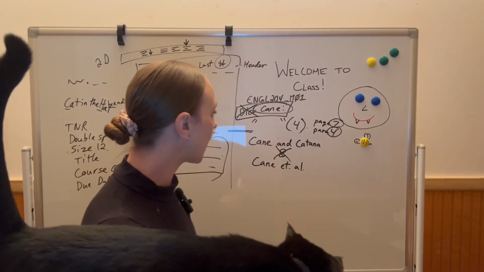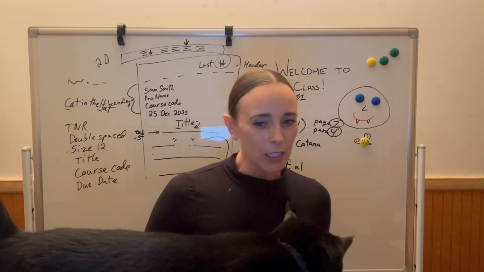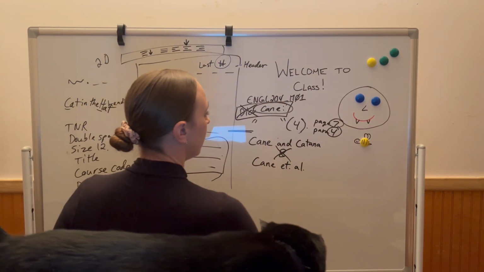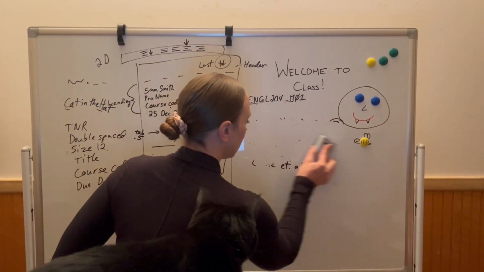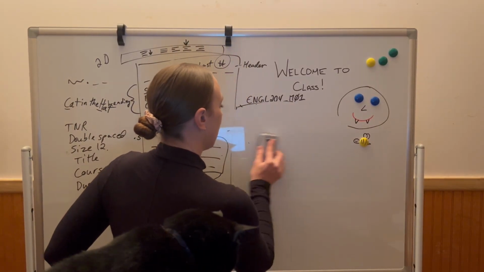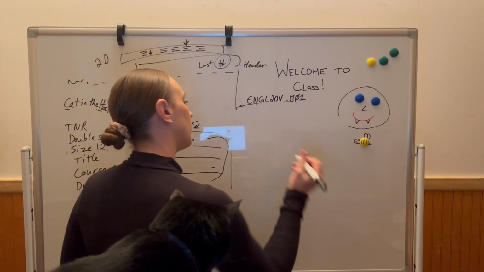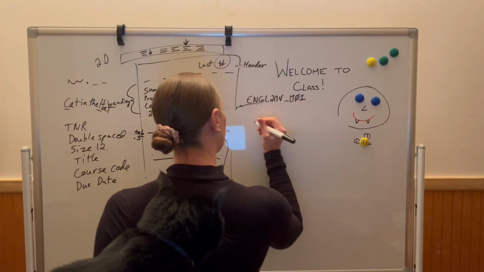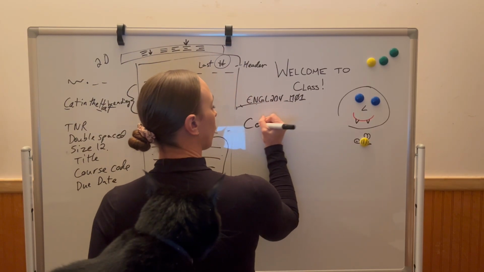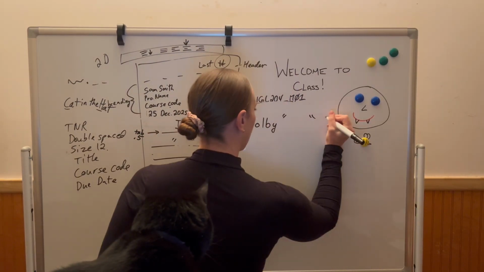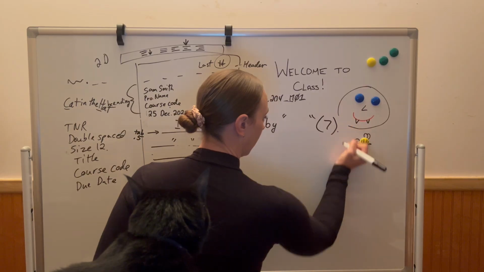So yeah, a lot of times people are like, well, what about the year? I thought we had to use the year. That is actually APA format. So let me show you the difference between APA and MLA as far as the in-text citation goes. So let's say Colby. So according to Colby, blah, blah, blah, on page 7, right?